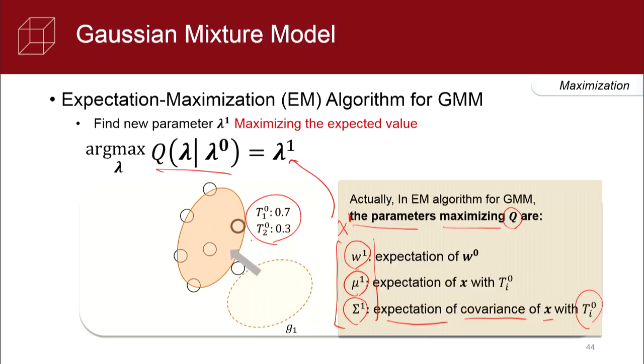So using the membership probability, you can find the parameters that maximize this expected value, right?